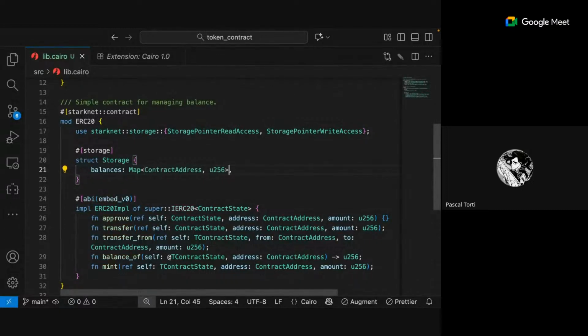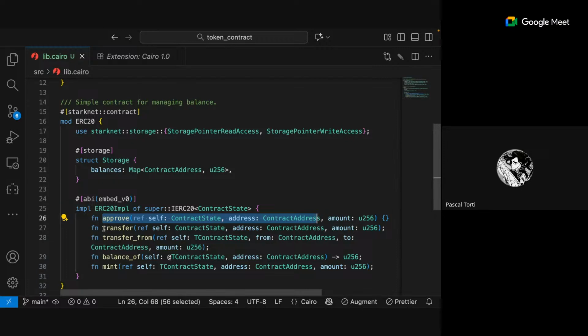So now we are saying for each user address, we are going to store their balance here. So it's really fair. For now, we are going to store only balances. We'll come back to whatever they need for approve.